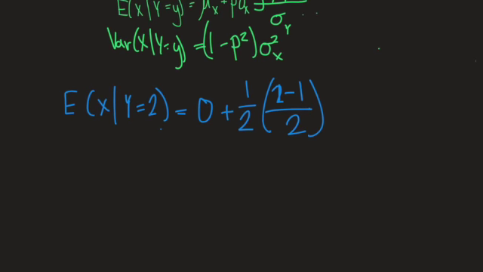We can simplify this down. The 0 doesn't make a difference, since it's just 0. 2 minus 1 is 1. 1 divided by 2 is still 1/2. 1/2 times 1/2 is 1/4.